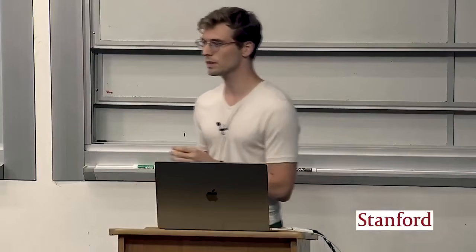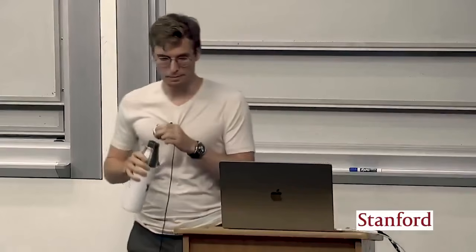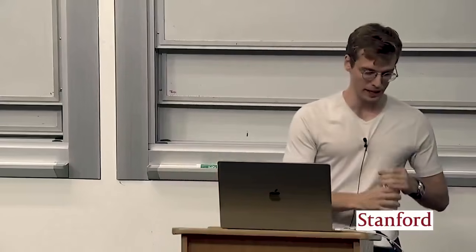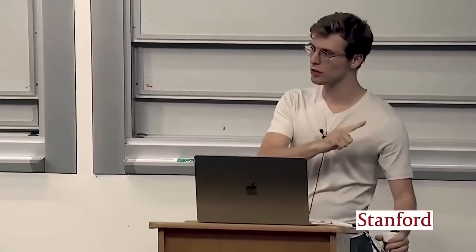Yes? Given that we're creating this unconstrained text as the output, how do you evaluate a model if it gives something that's semantically completely identical, but is not the exact token that you expect? Yeah, that's a great question. I'll talk more about that later. Here in this case, we don't do unconstrained.